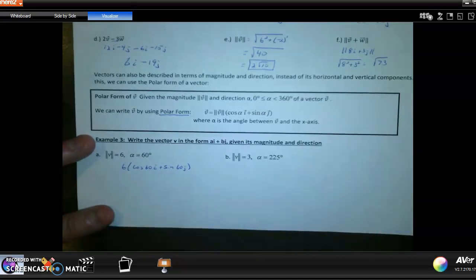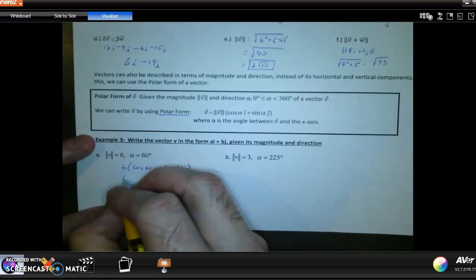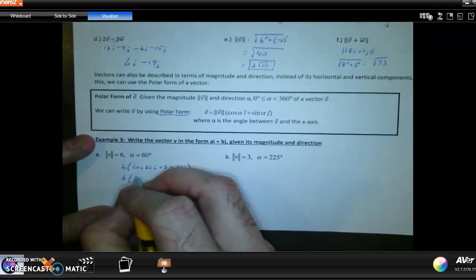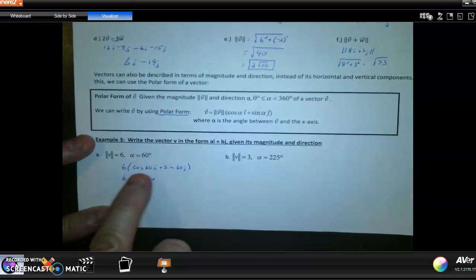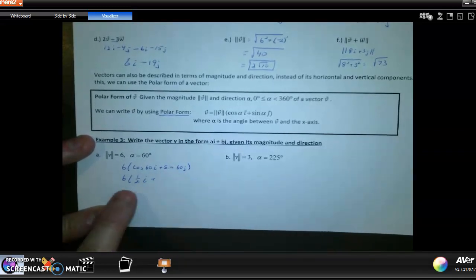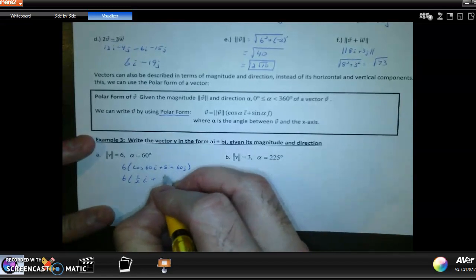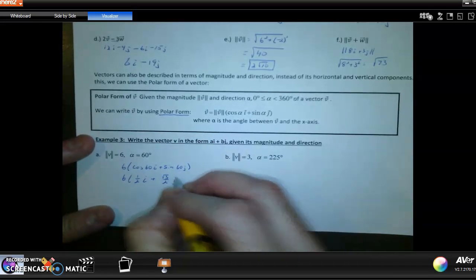But the cosine of 60 is 1/2, so this will be 6 times 1/2 i plus, well, if the cosine of 60 is 1/2, the sine of 60 is going to be radical 3 over 2, j.